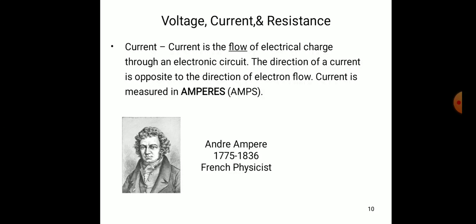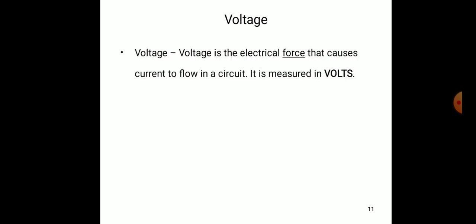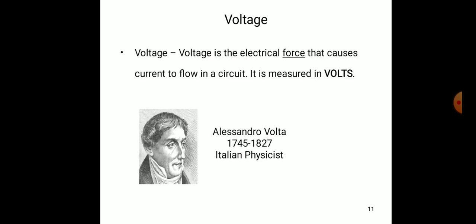Next one is the voltage. You can see how to represent voltage. Alessandro Volta, the Italian physicist, represented this one. Voltage is the electrical force that causes current to flow in a circuit.